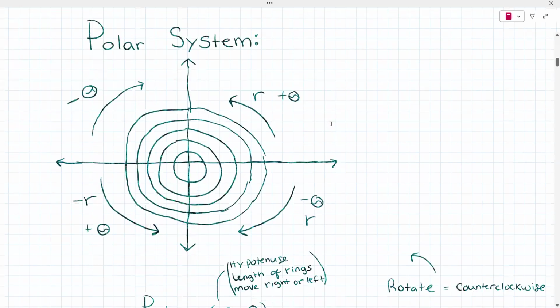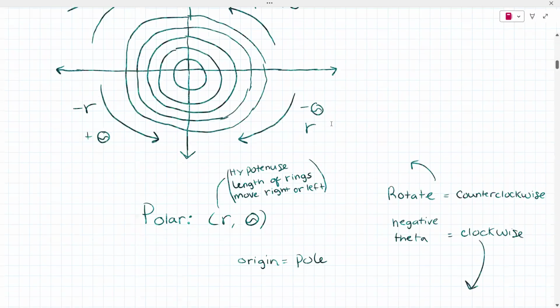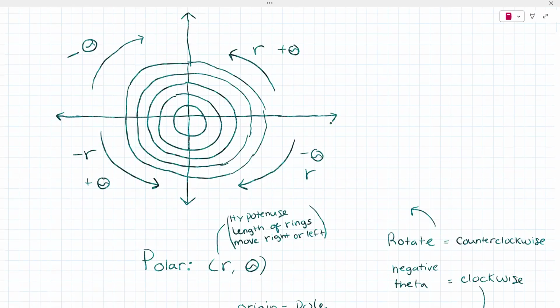So the polar system is almost kind of like the rectangular, but the thing is our x is the radius and our y is theta. So what is the radius? A radius is the hypotenuse, the length of the rings, right? And you just have to remember you're moving right or left.